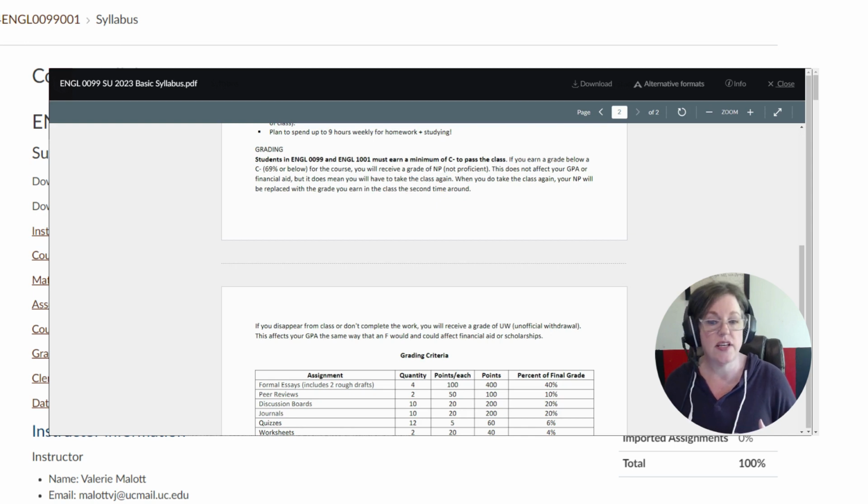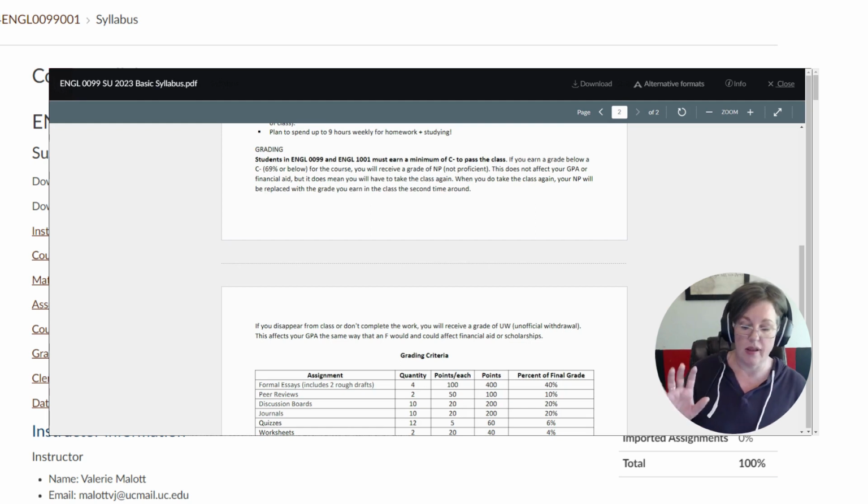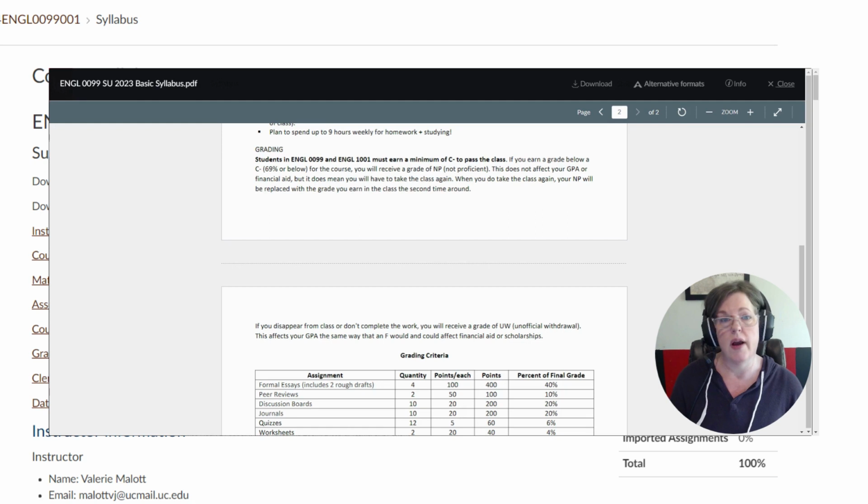And that is treated the same way as an F. So it's very important that if you realize that you're struggling or something happens, that you contact me, you stay in communication with me, but also talk to your academic advisor because they might recommend that you withdraw from the class in order to not be penalized, right? But that's something that you have to talk to your academic advisor about to make sure that it doesn't affect your financial aid if you have been receiving financial aid.